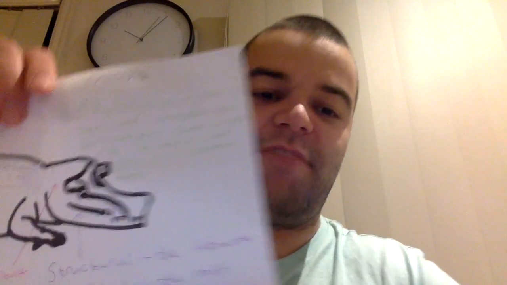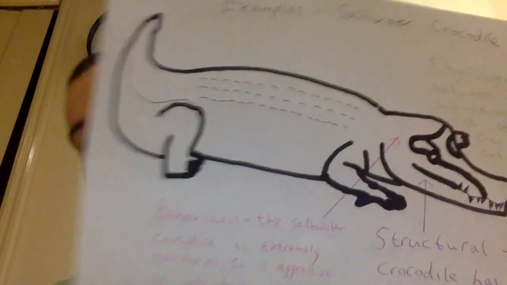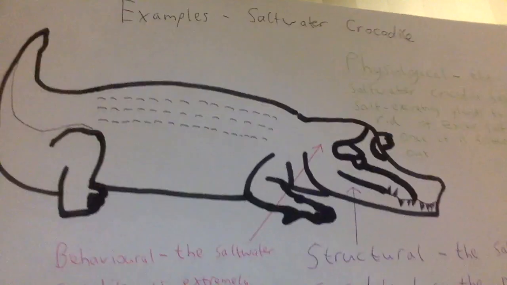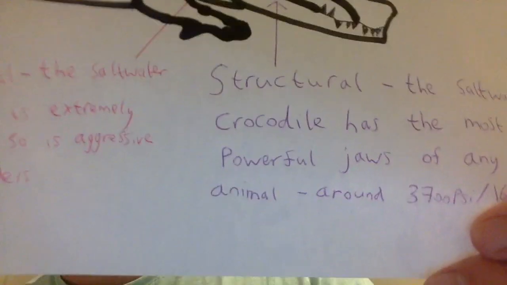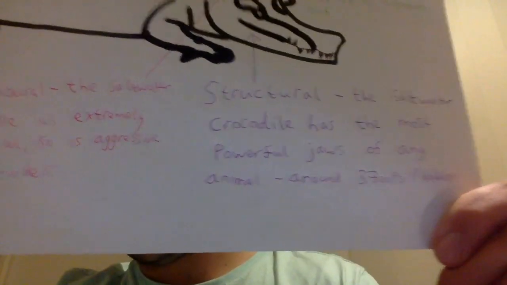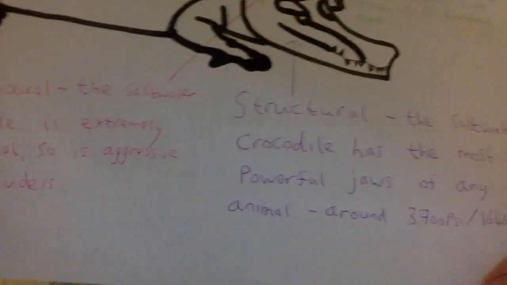And I decided to do another bit of artwork here. There is a saltwater crocodile. Not bad, I reckon. Those are my favourite animals, so I decided to do one of these as an example. So first of all, I've got its structural adaptations. The structural adaptation is it has extremely powerful jaws, in fact the most powerful jaws of any animal alive today.